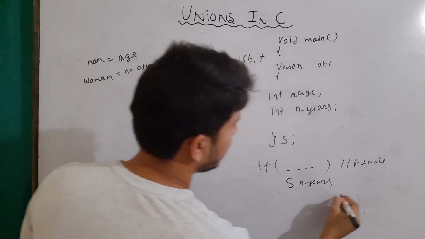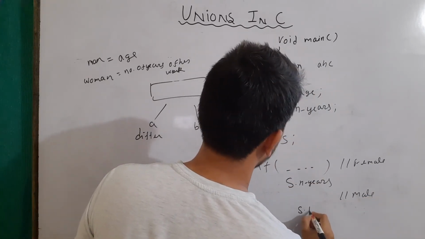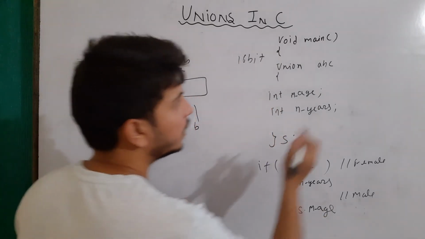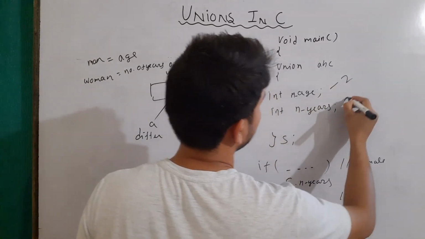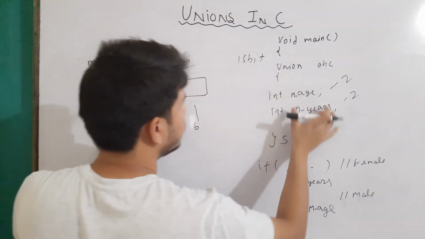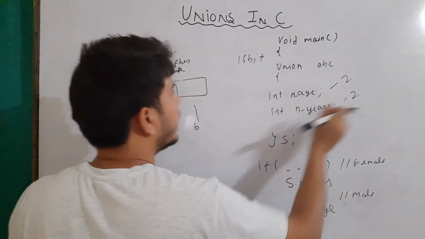And when the gender is male, then you store the values in s dot m age. So what is happening here? Instead of using 2 bytes separately for this and 2 bytes separately for this, we are using 2 bytes for both of the data, right? So somehow we are able to save 2 bytes of memory.